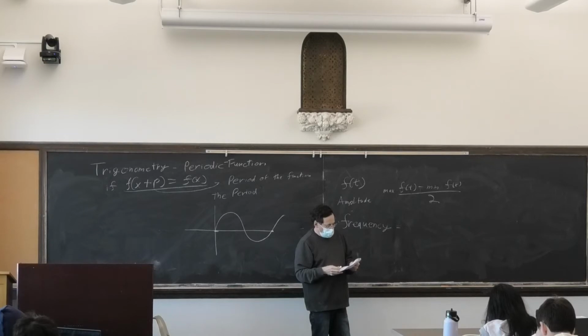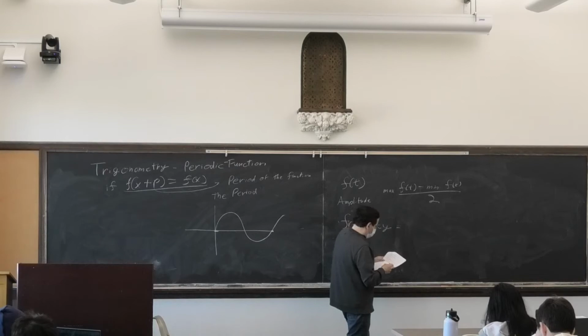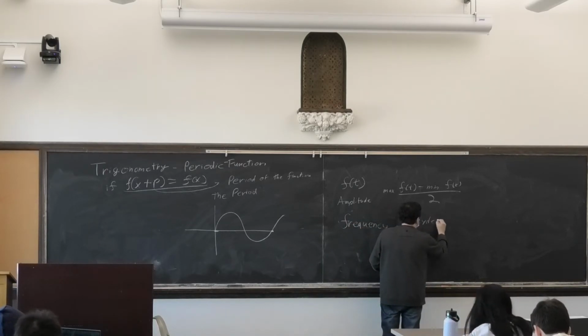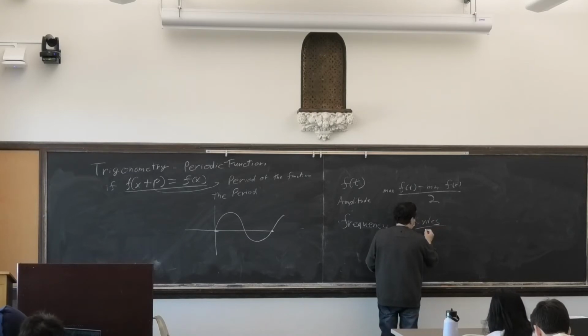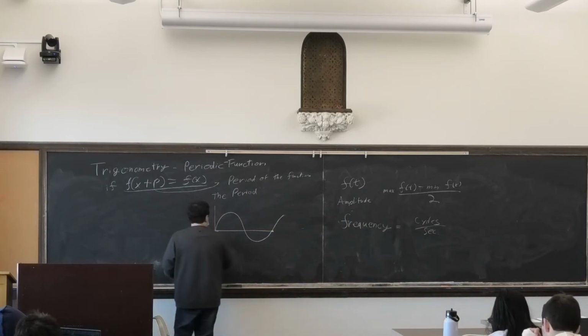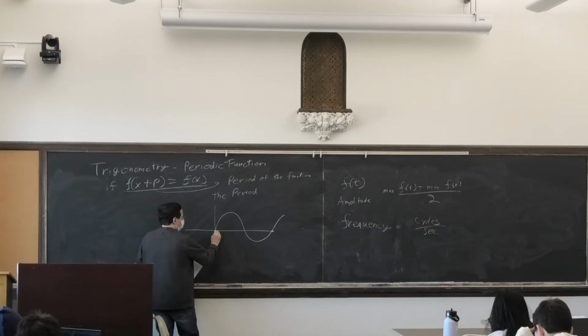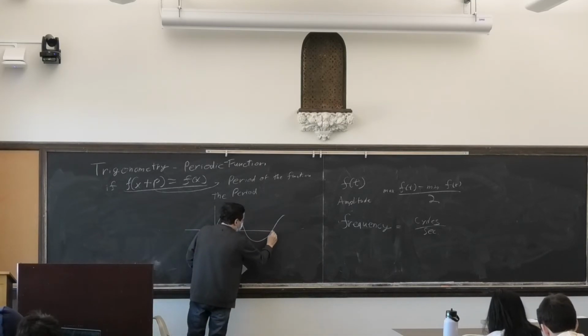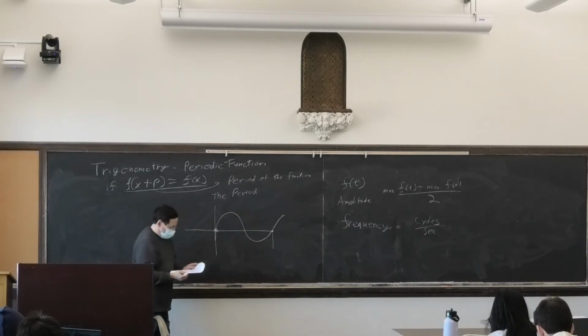But for a time-based signal or function, the units are cycles, typically per some unit time, say second. So that would be the amount of time it takes for the signal or the function to get from the starting point to where it's going to repeat. That's its frequency.